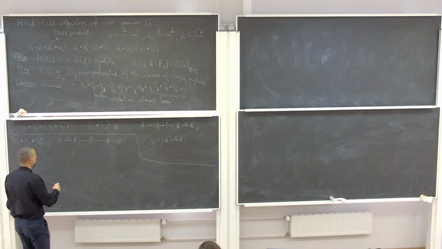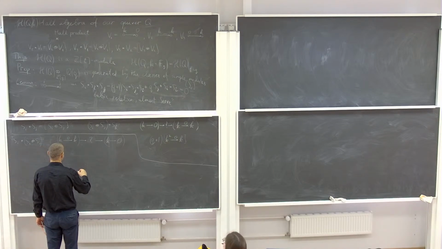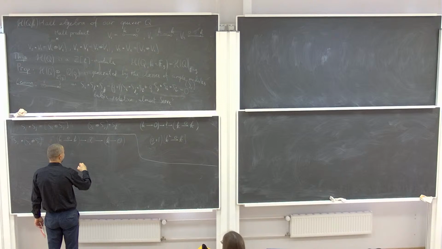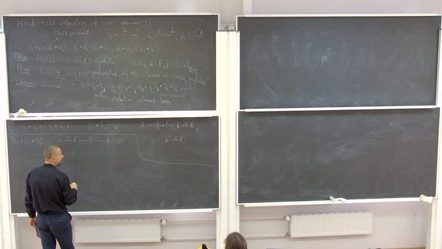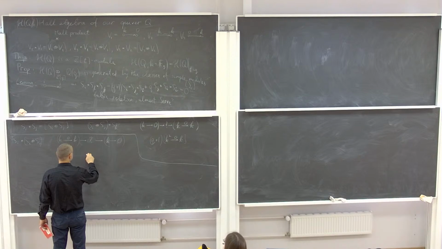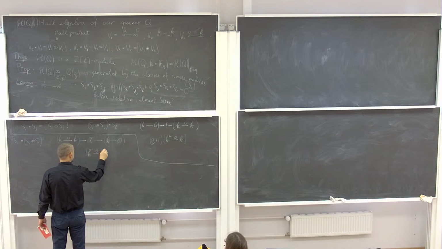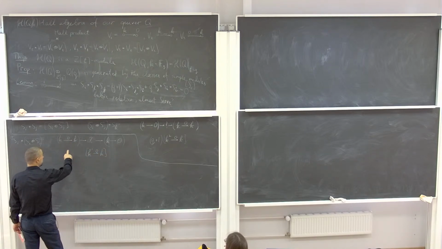So, what are the possibilities? The semi-simple case is, again, k squared goes to k by 0. And how many possibilities like this?